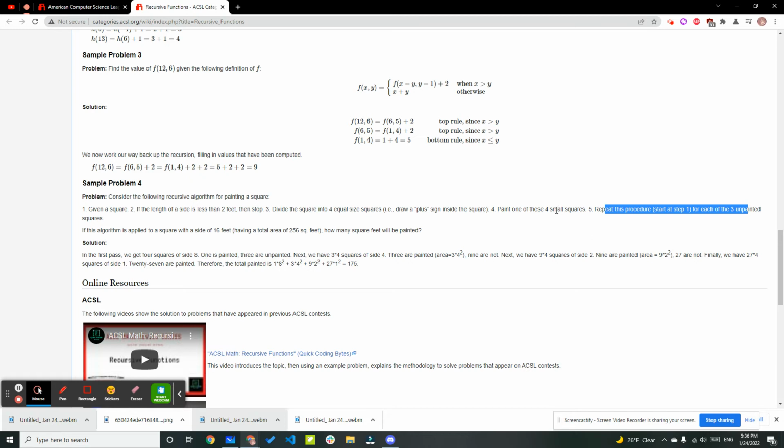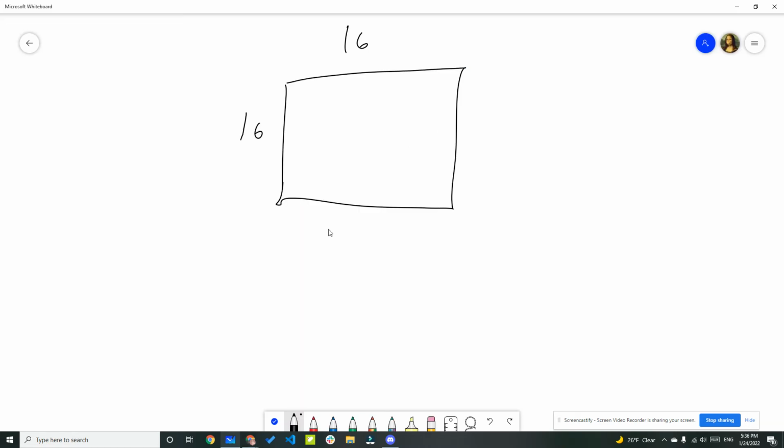So you move back to here and you redo it. So it is a recursive function. You split this into 4, so then each of them is 8 by 8.